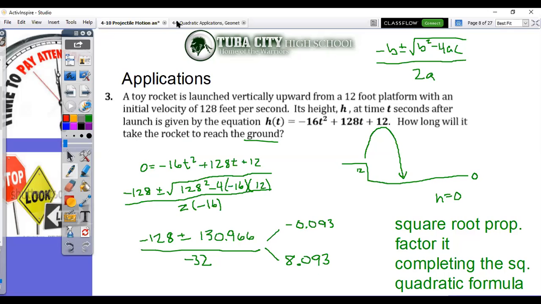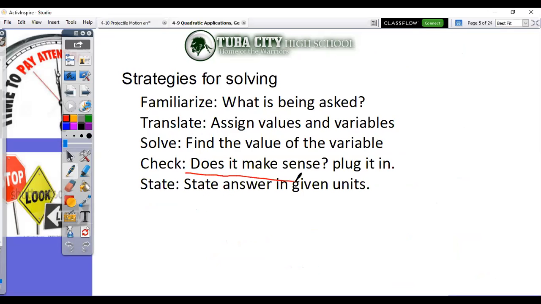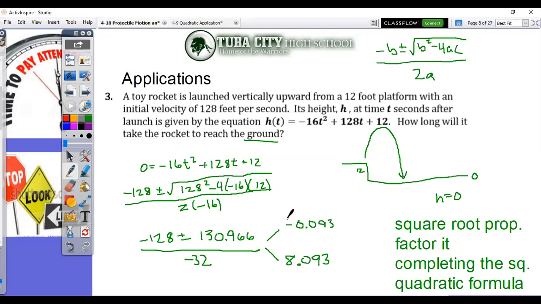But remember, like we were talking about yesterday, does it make sense? Do either of our answers make sense? And again, I call this the sniff test. You're not sure if that shirt you have is clean enough to wear again for the 3rd day in a row? Give it the sniff test. In this case, this one fails the sniff test. You cannot have negative time.